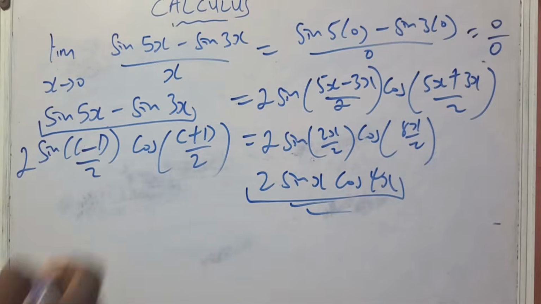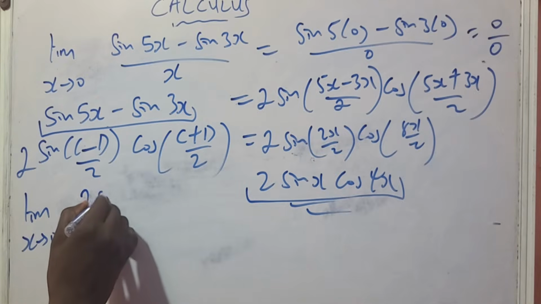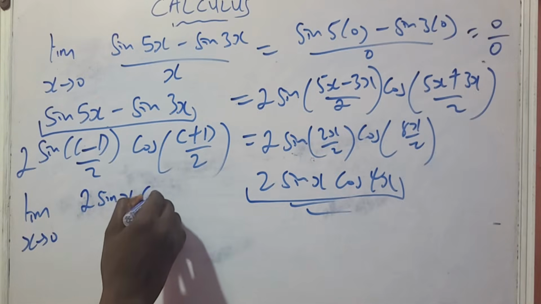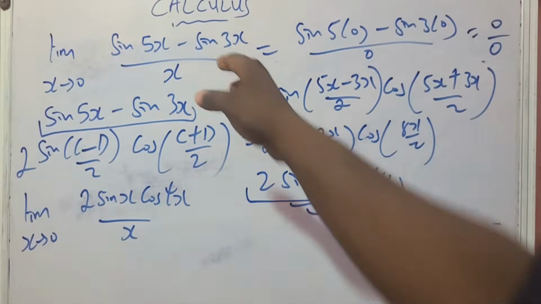So I can have it now as the limit as x tends to 0 of 2 sine x cos 4x over x. That's just flowing with my normal substitution.